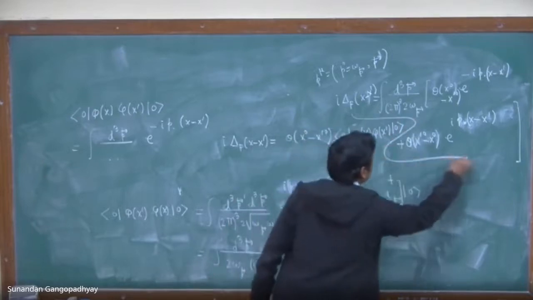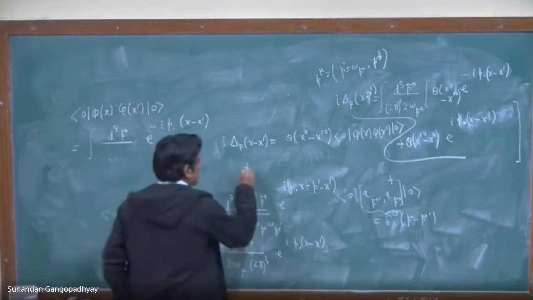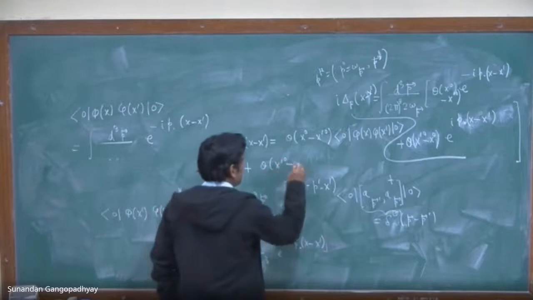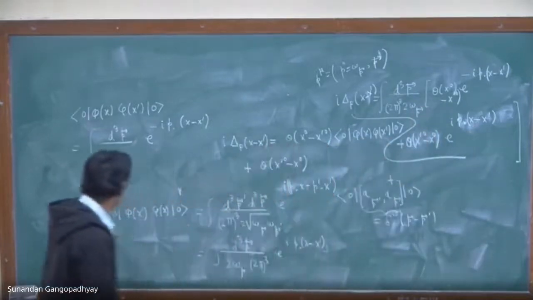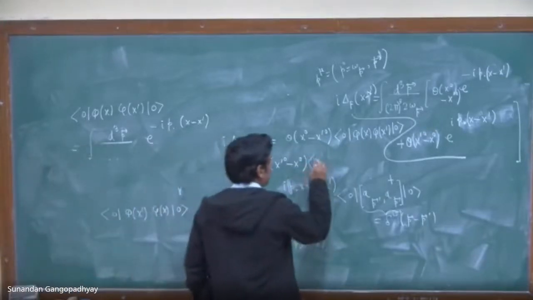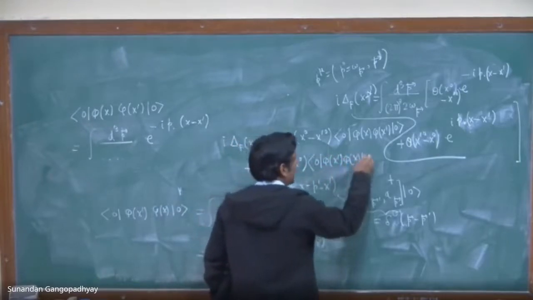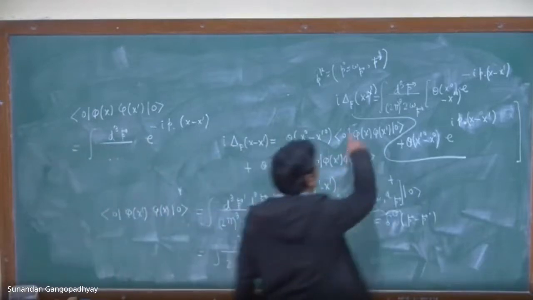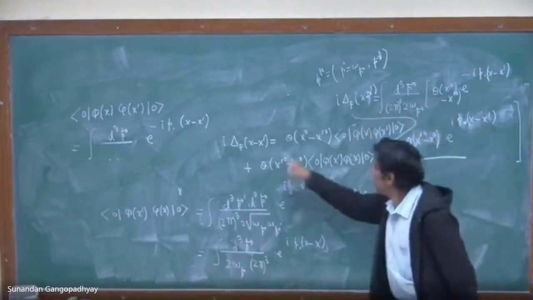So the quantity that we calculated earlier, the Feynman-Green's function iΔ_F(x − x′), is basically nothing but the theta function times the vacuum expectation value of the product of two operators, plus another theta function times this. But this is by definition, as you have already learned, the time-ordered product of two field operators, and you take its vacuum expectation value.